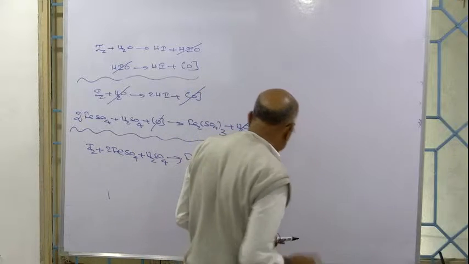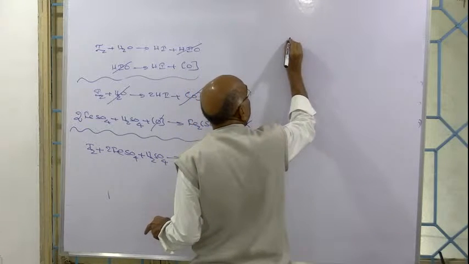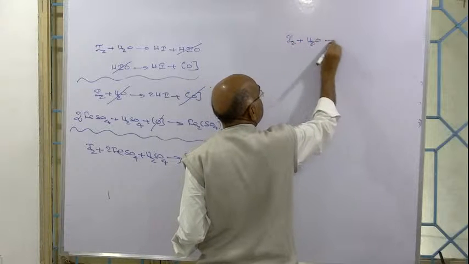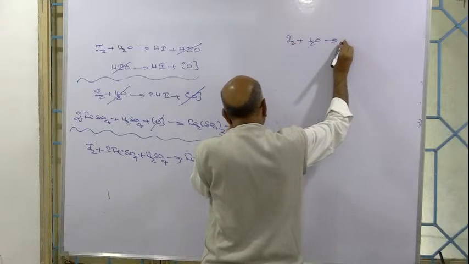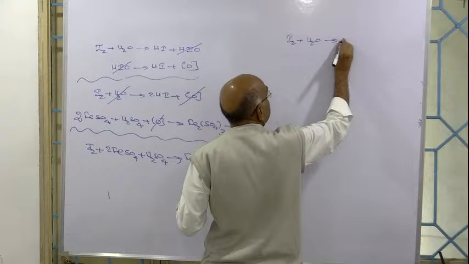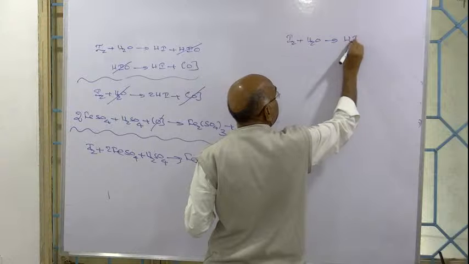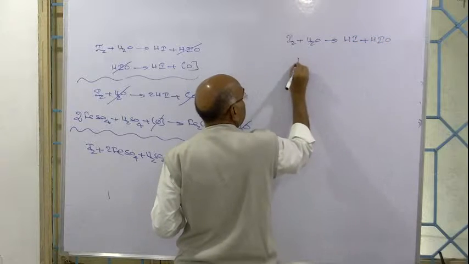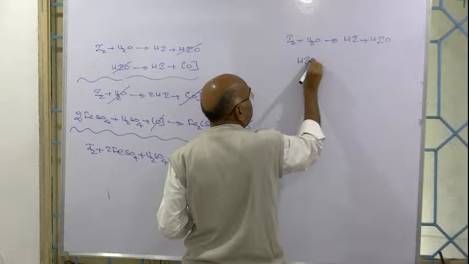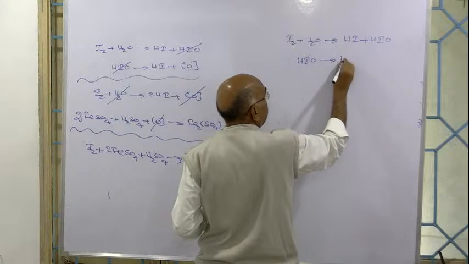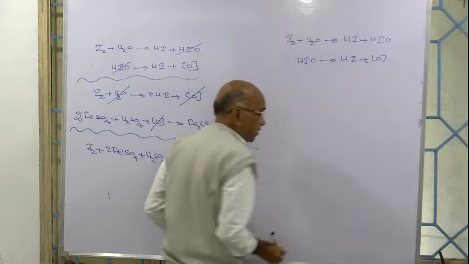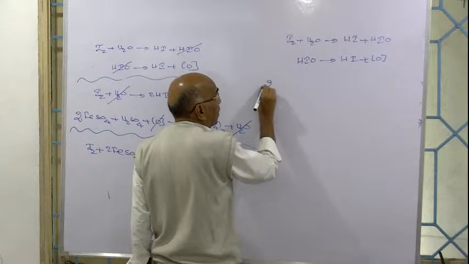We'll take up I2 plus water gives, you can even write it like this. Okay, I'm writing as usual: HI plus HIO. HIO breaks into HI plus oxygen. We'll take potassium iodide.